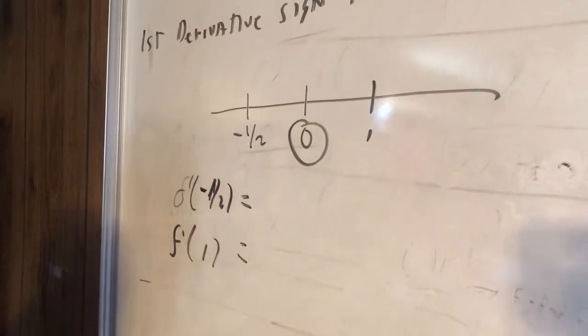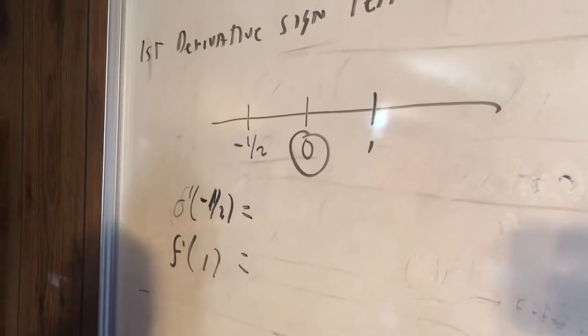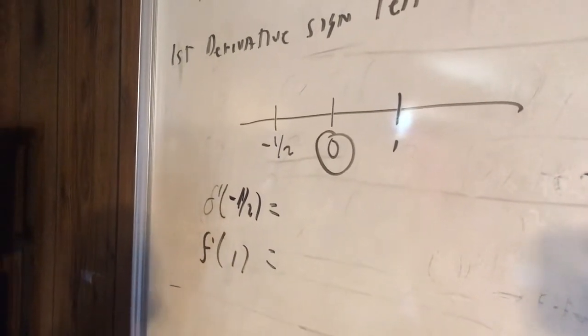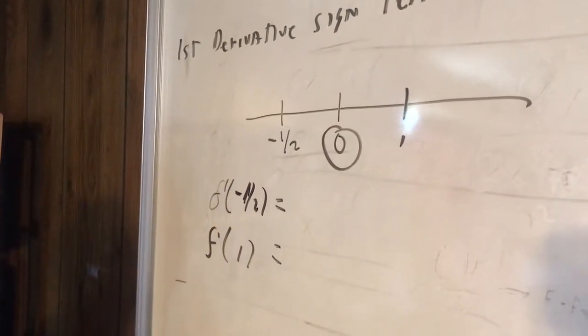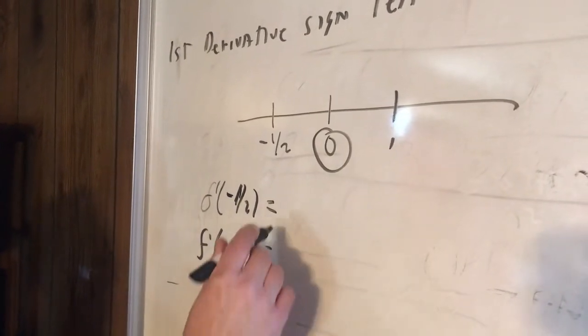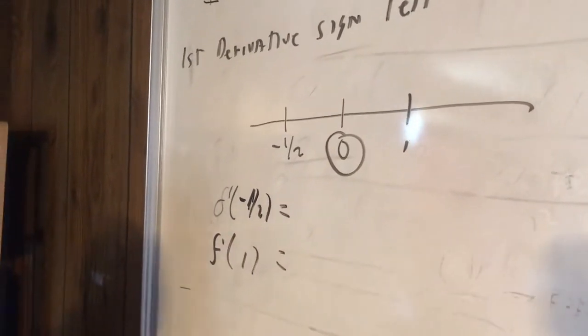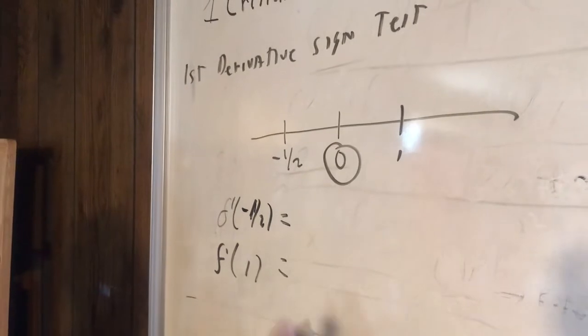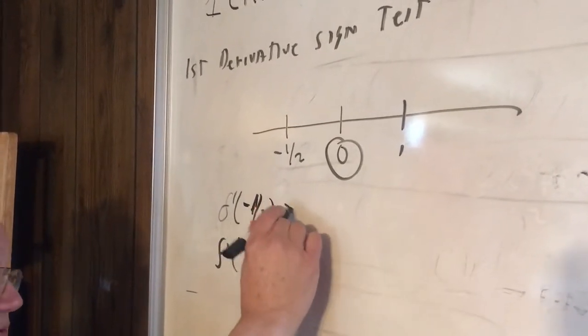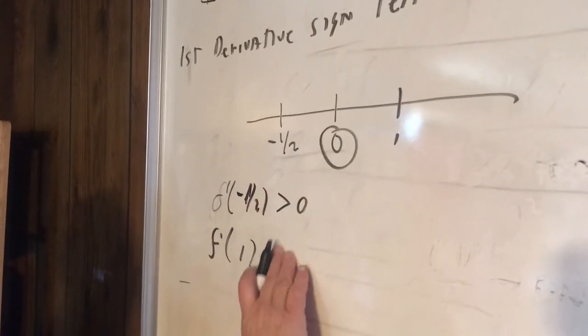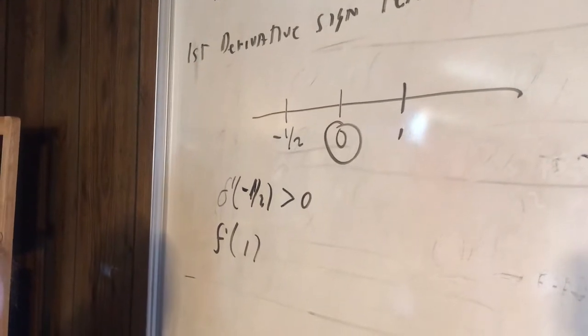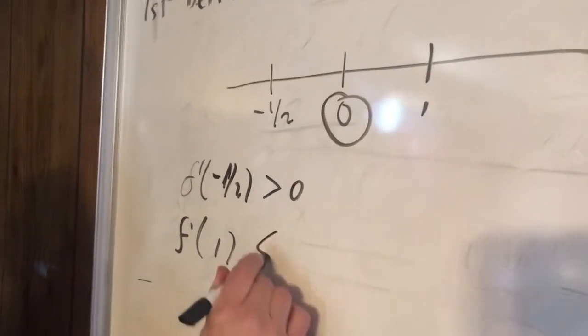So what we get from here, I'm not going to bother to go through this, but when you substitute into the first derivative, you're going to get that this is greater than 0. I've done this enough. And this is going to be less than 0.